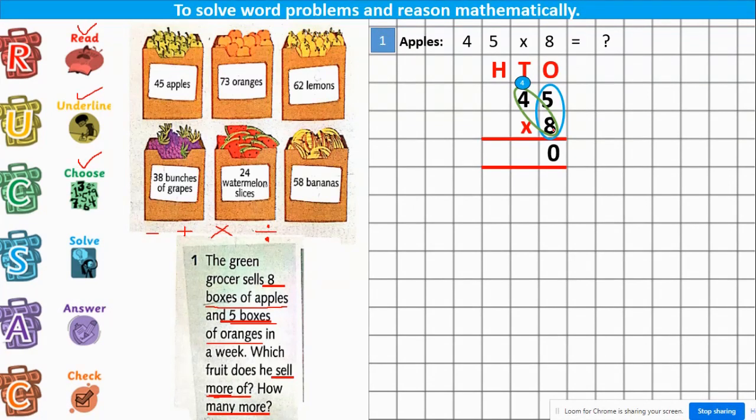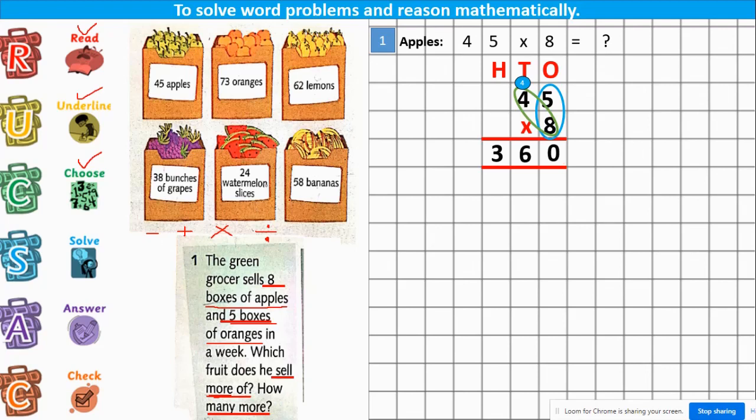And then we multiply 8 times 4. What do we get? 8 times 4 is 32. 32 plus 4 gives me 36. So I'm going to write it. 6 comes here and 3 comes here. 36. So the answer that I have got is 360.